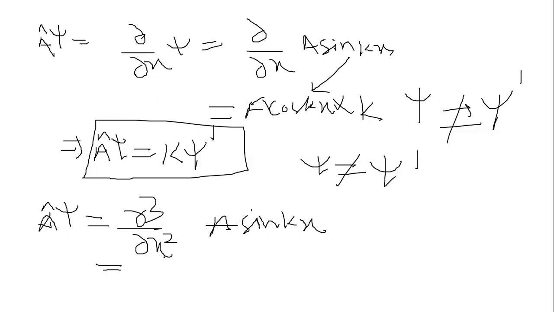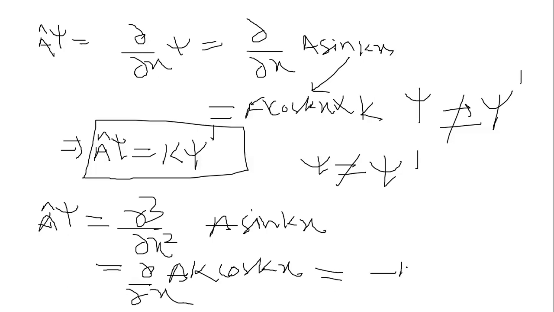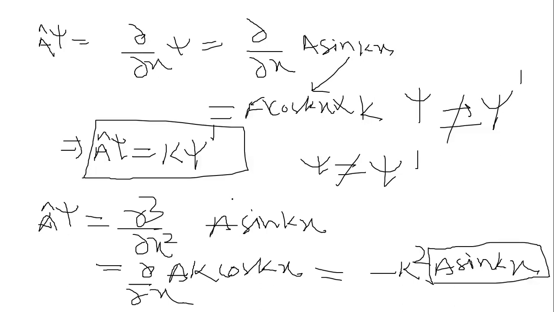When you take the first derivative, it will be A k cos kx. Then you take the derivative again, it will be how much? Minus k square A sin kx. So you can see this A sin kx is nothing but the wave function psi.